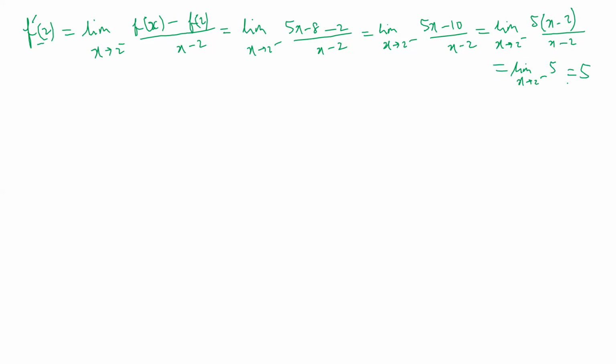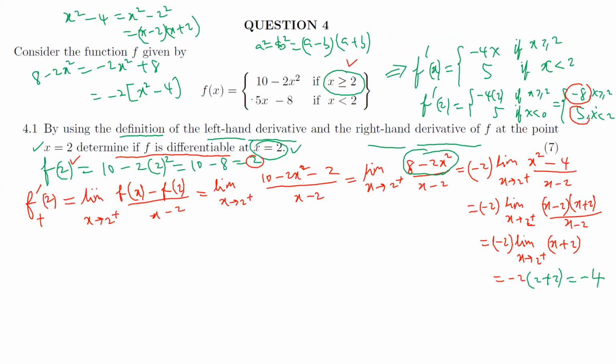Okay, we have seen therefore that if the left-hand derivative is 5 and the right-hand derivative equals what? Minus 4.